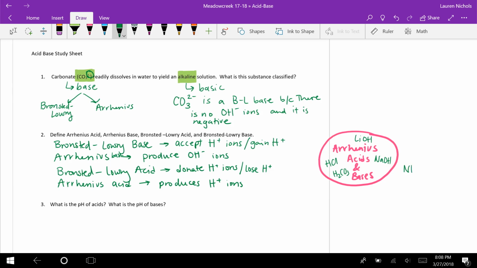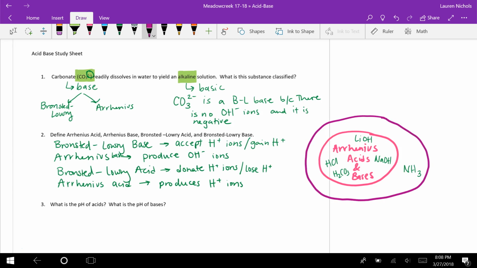There were some substances, though; ammonia is a perfect example of something that had all the characteristics of a base, but didn't meet Arrhenius's definition. And so Bronsted and Lowry, two different guys around the same time, both independently came to the same conclusion that they needed to broaden Arrhenius's definition to include NH3.